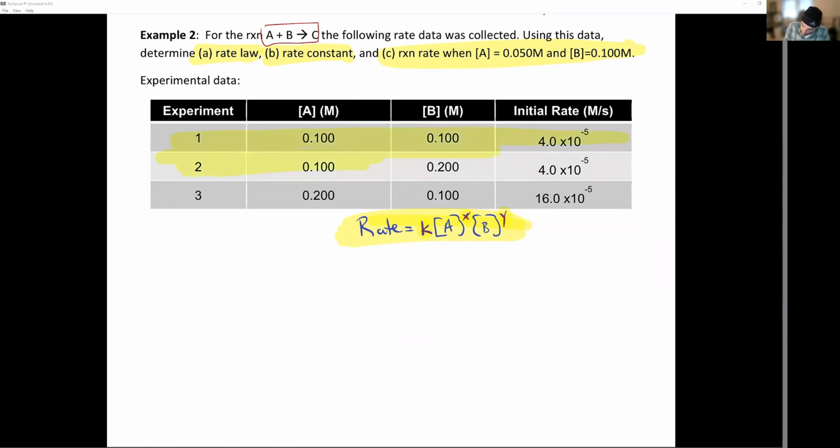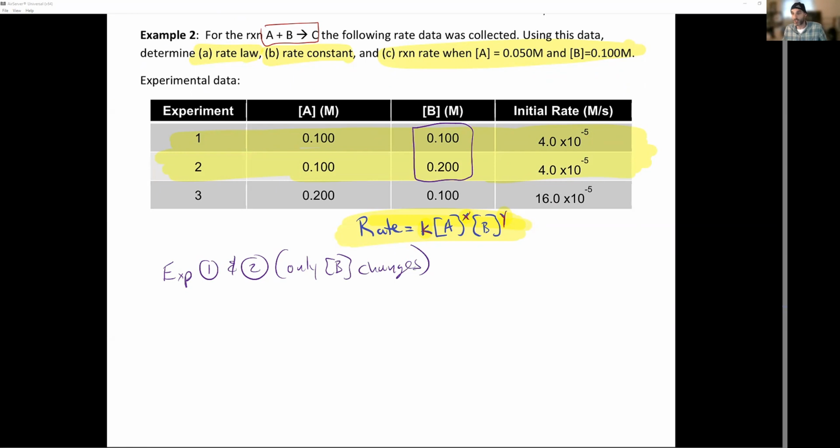Whatever change we observe here is all going to occur because of what's going on with B, because B changes, A does not. So let's evaluate experiment 1 and experiment 2, because only the concentration of B changes.